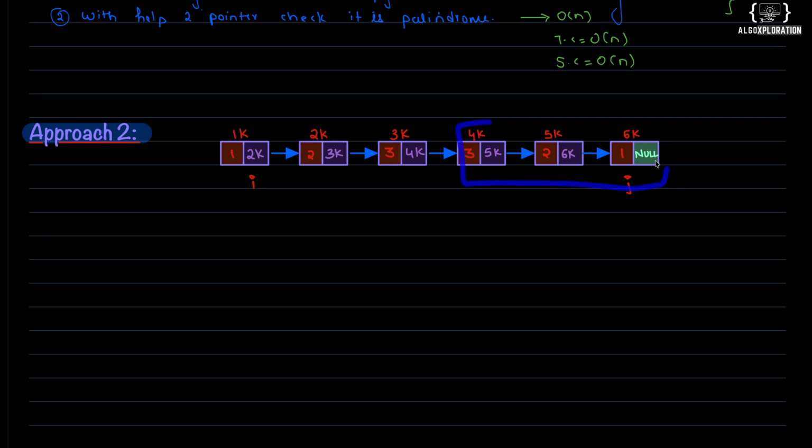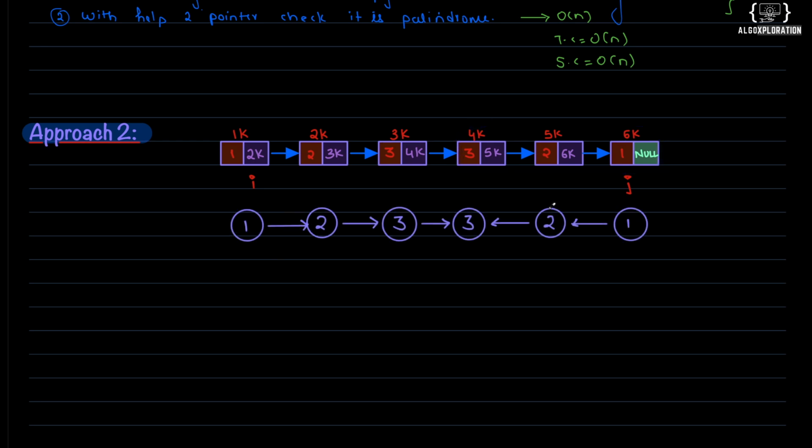So I'll just pass this as a head and reverse only this part. It will look like this. Now for this second part, the first node was 4k and the last node was 6k, but now the first node will be 6k and the last node will be 4k.